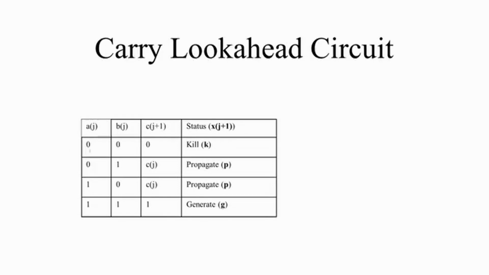If my Aj is equal to Bj, then I have two cases, case 1 and case 4. When Aj is 0 and Bj is 0, then what would be the carry? It will be 0 for the next stage. So Aj Bj comes in this stage, right. What will be my carry for the next stage? It is 0, right.